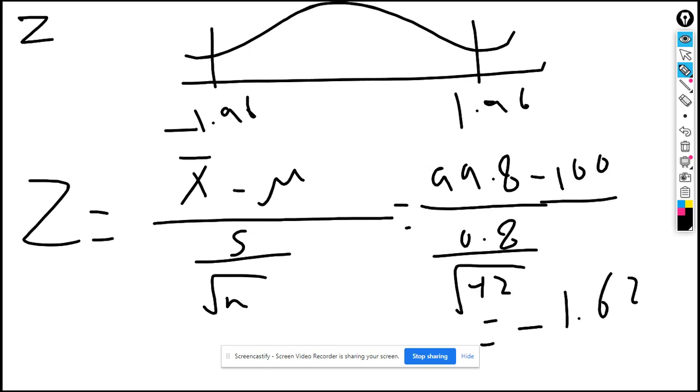So negative 1.62 comes before negative 1.96. So it's not in the critical region, it's in the normal region. In that case, I accept the null hypothesis.